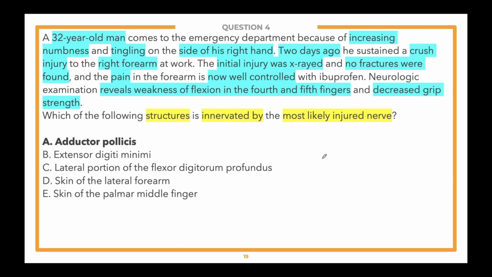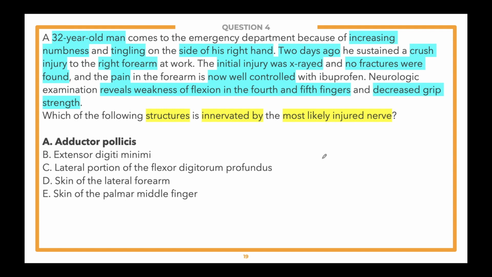Answer choice E, skin of the palmar middle finger. This is innervated by the digital cutaneous branch of the median nerve, okay, not the nerve we're talking about. Skin of the lateral forearm, that is innervated by the lateral cutaneous nerve of the forearm, which is a branch of the musculocutaneous nerve, and that's again a different nerve. And for those who selected C, I know a good majority of you did, the lateral portion of the FDP is actually supplied by the median nerve.